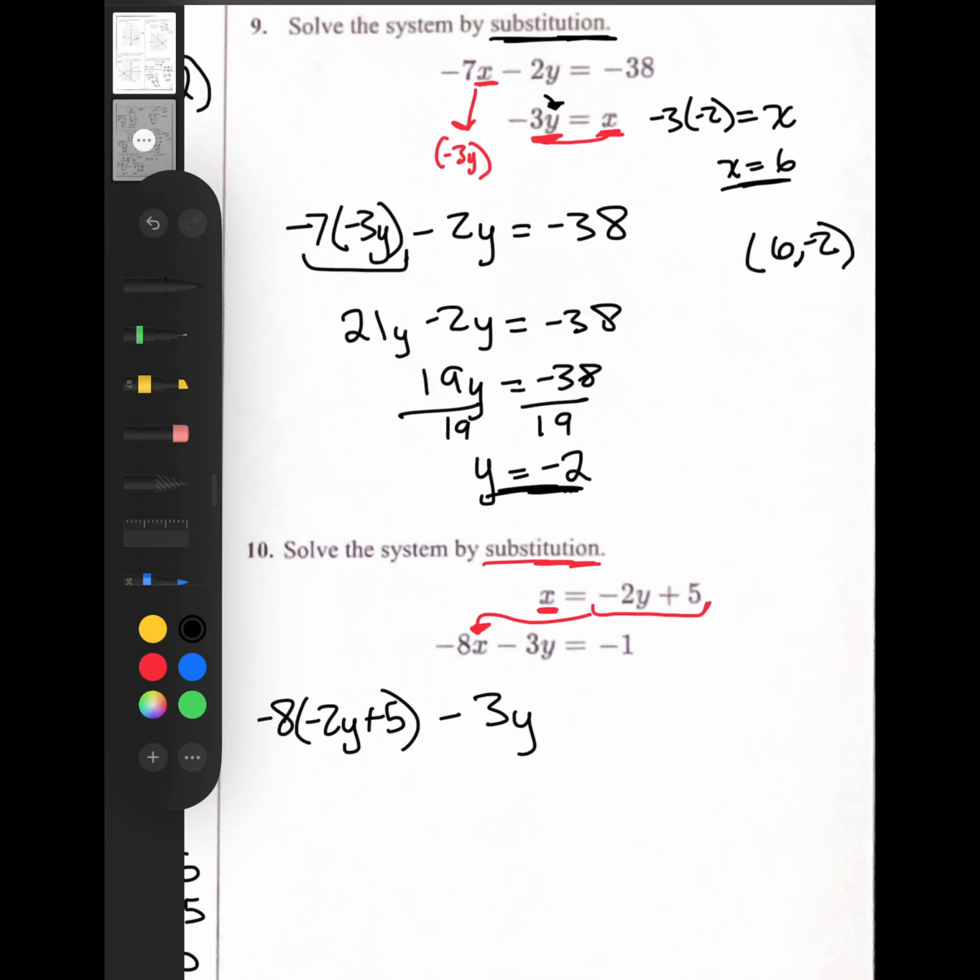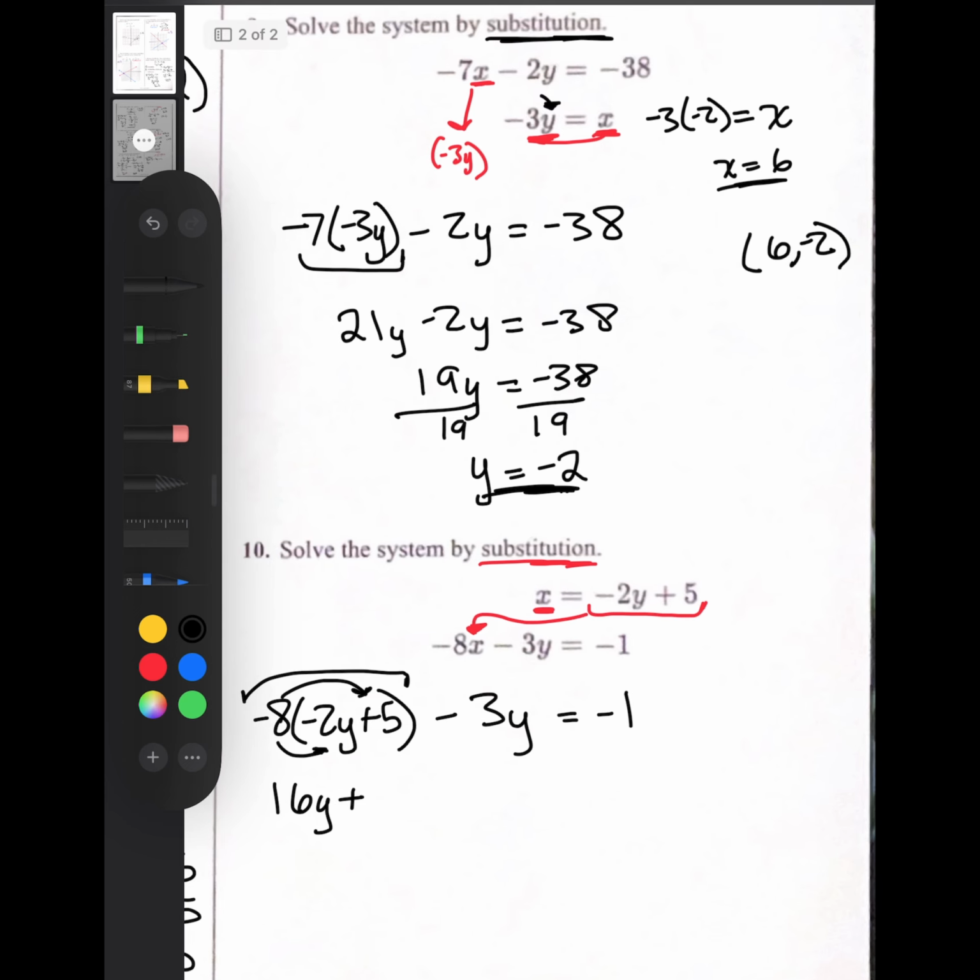Keep that negative 3y equals negative 1. Now we're going to simplify this. We carry it out, so negative 8 times negative 2 gives us 16y plus negative 8 times 5, which gets us negative 40, minus 3y equals negative 1.